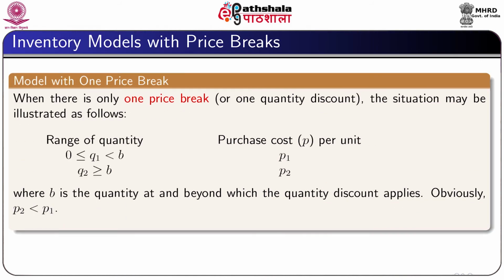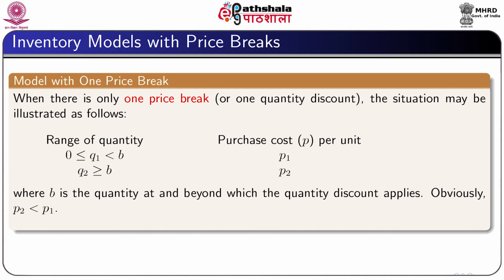Now, we consider inventory models with price breaks. First, we consider model with one price break. When there is only one price break, that is one quantity discount, the situation may be stated as follows.